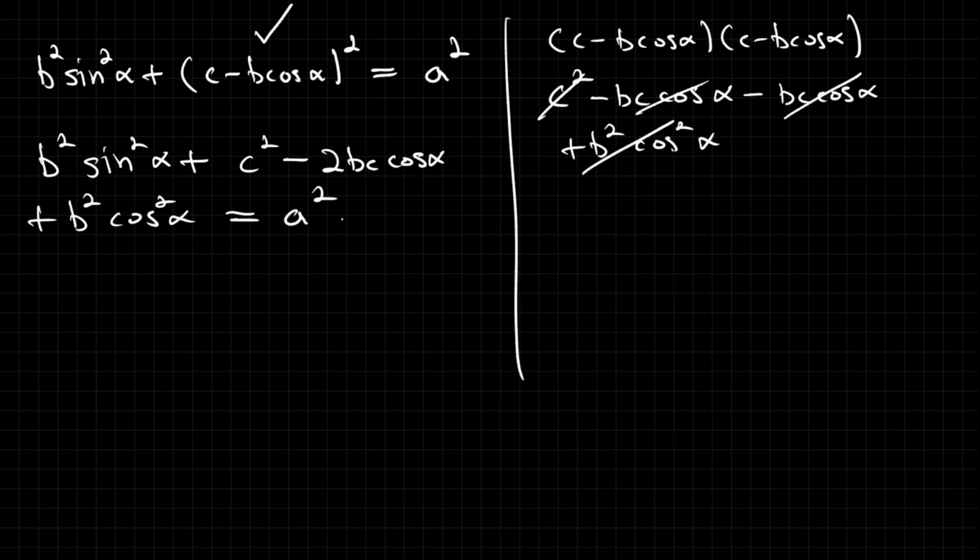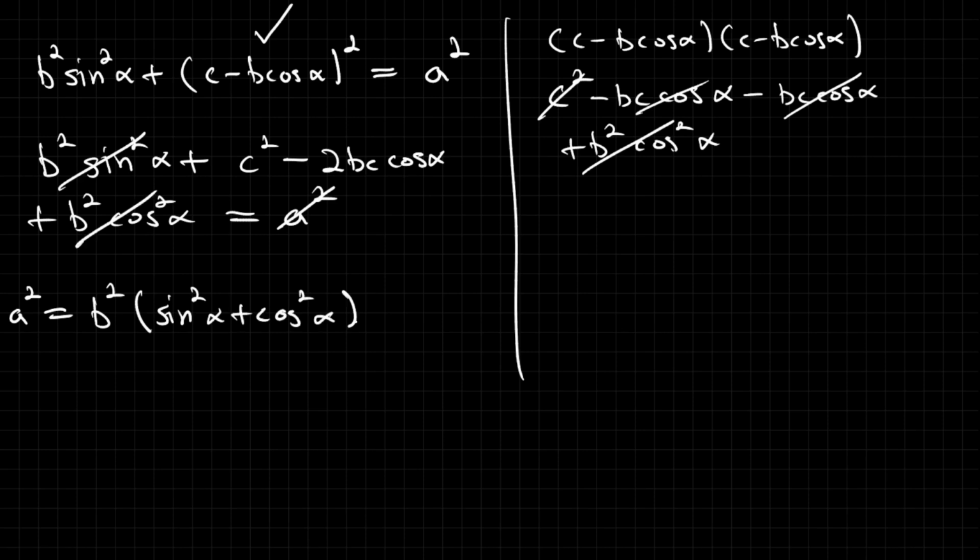And now the last step is, I'll write a squared equals, and I'm going to factor a b squared out of both of these terms. So b squared times sine squared alpha plus cosine squared alpha.